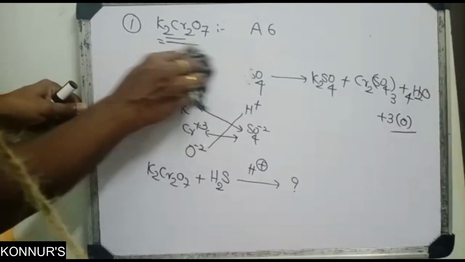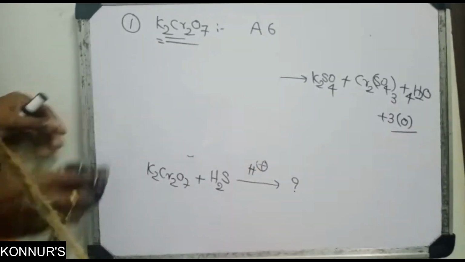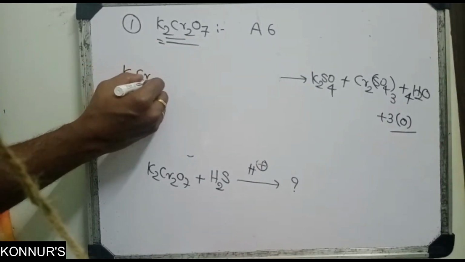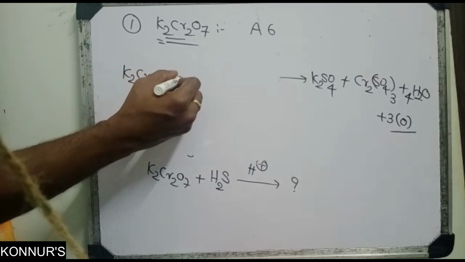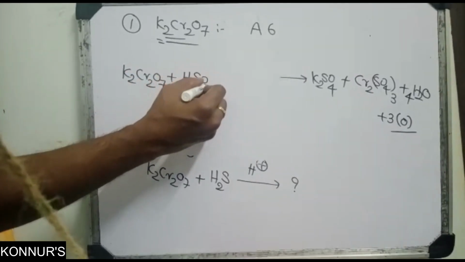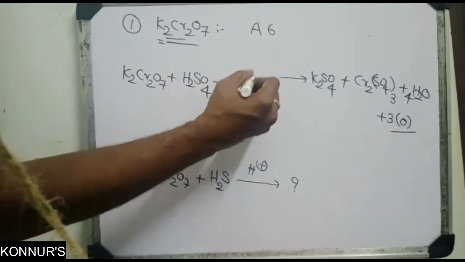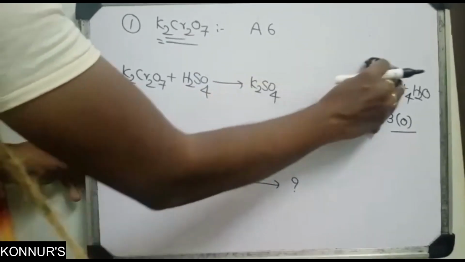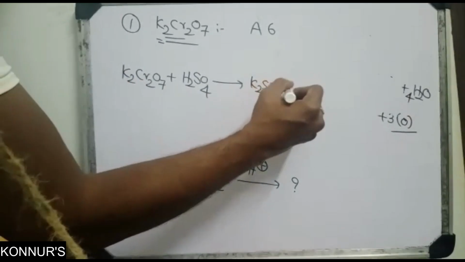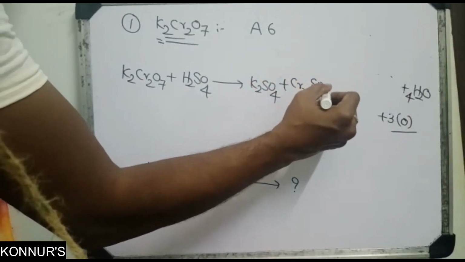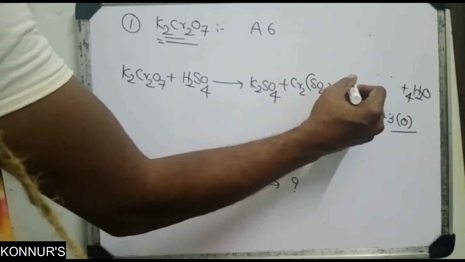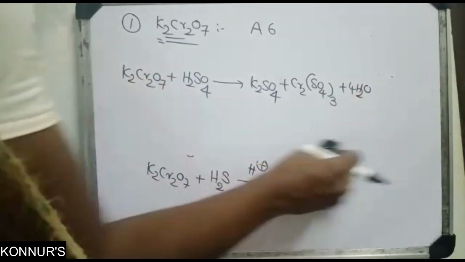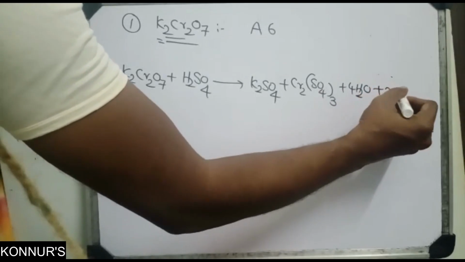What is the basic equation? K2Cr2O7 plus H2SO4 gives K2SO4 plus Cr2(SO4)3 plus 4H2O plus 3 nascent oxygens.